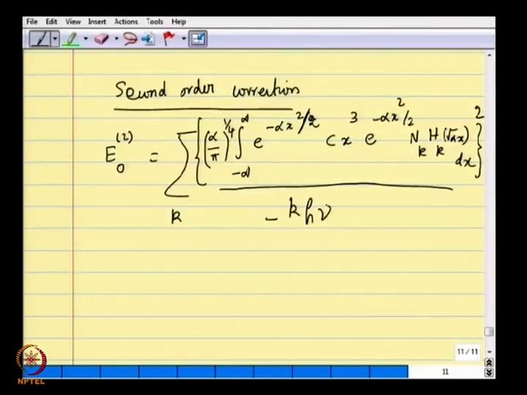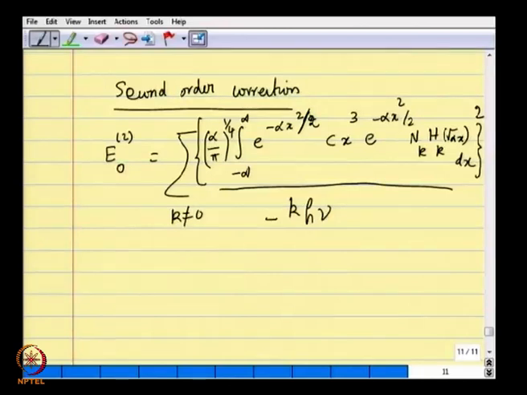Okay. Now, the integral appears like k is not equal to 0, the sum.